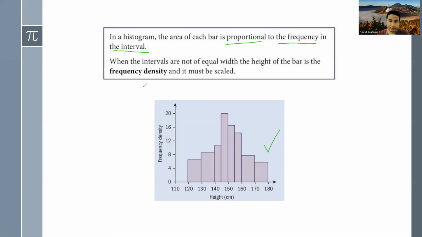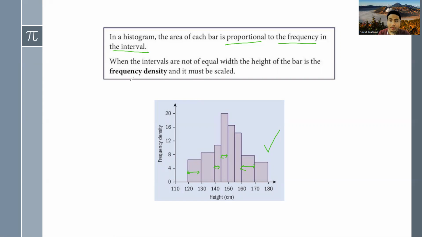Okay, everyone. When the intervals are not equal, there is a large one and a small one.